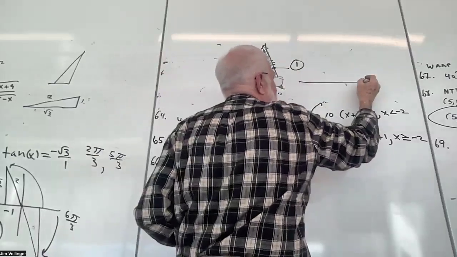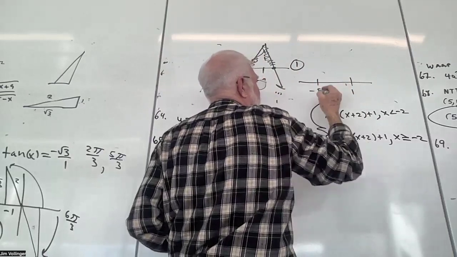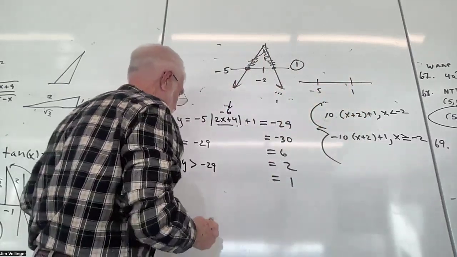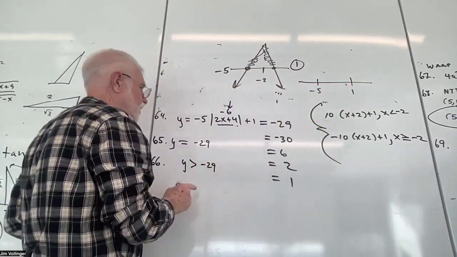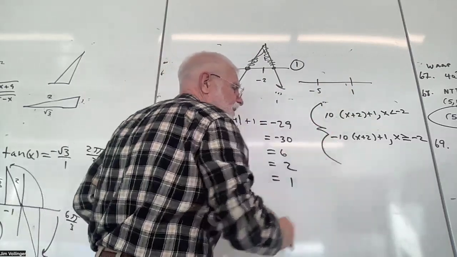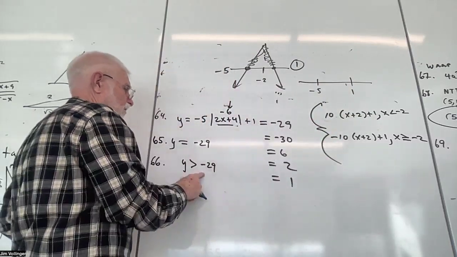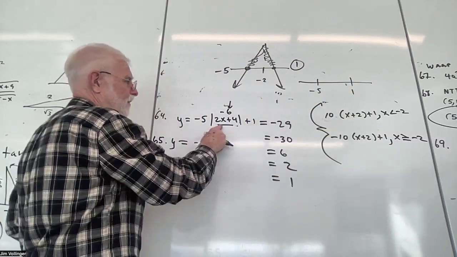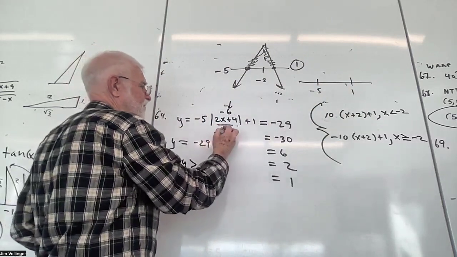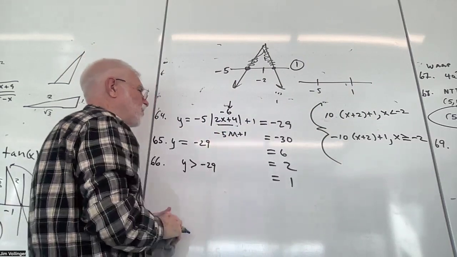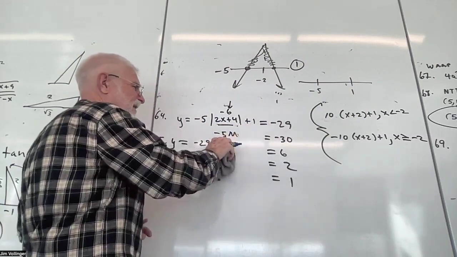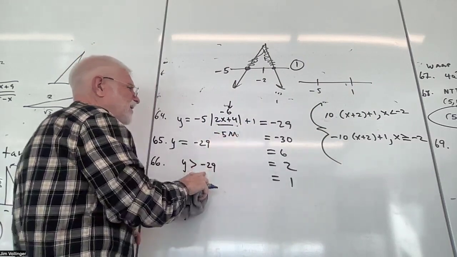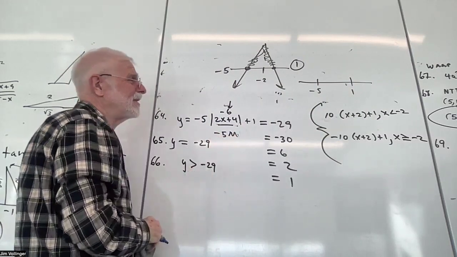But we could also come over here, put a 1, put a negative 5, and just try numbers. Remember, these are linear, so I'm going to get sign changes. So let's put 1,000,000 in here. If I put 1,000,000 in here, I got minus 5 million plus 1. I don't think the 1 matters much. Minus 5 million. Is that greater than negative 29? I don't think so.